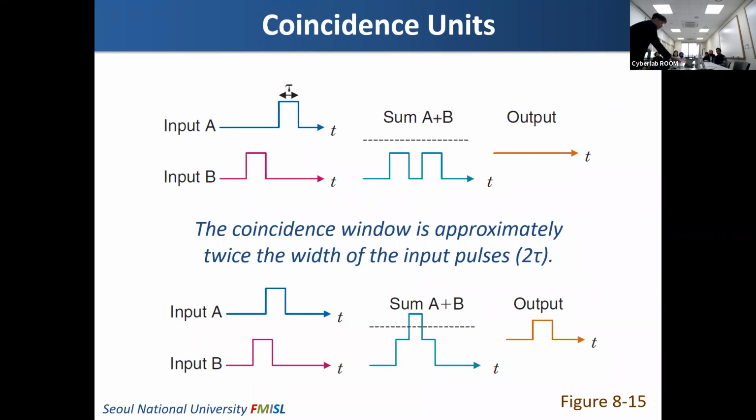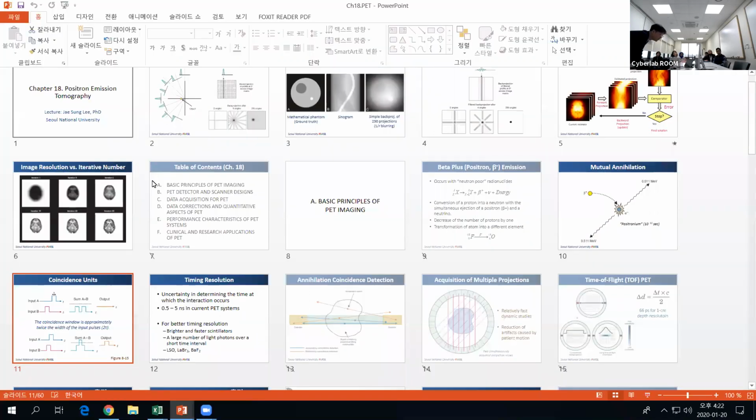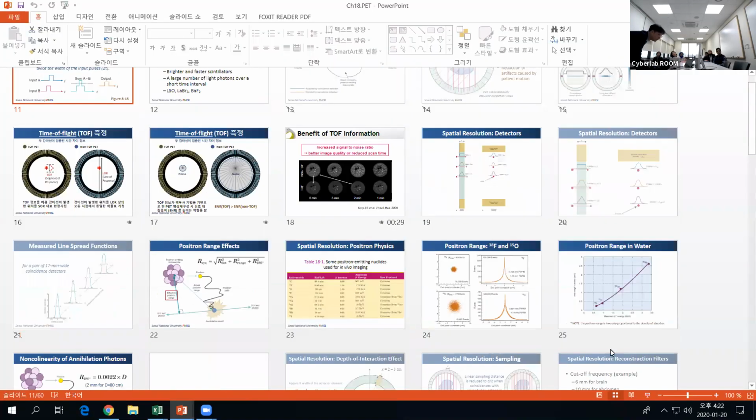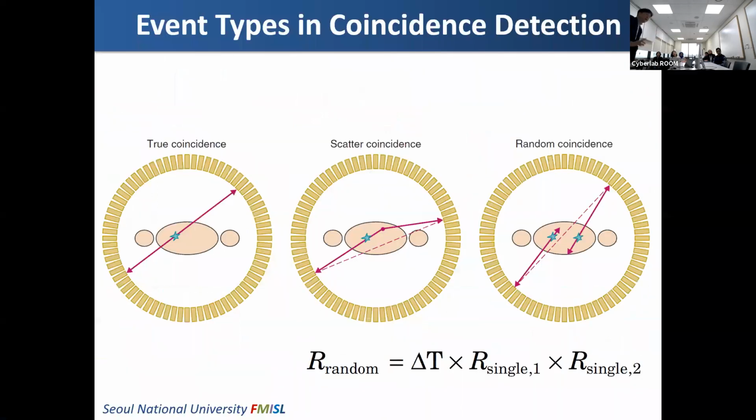So you may know what a random coincidence is. Let me show you this one. This is a true coincidence, but we also have many random coincidences. I mean that two gamma ray photons were detected by the PET scanner, but each of them was a single event generated from different positions.